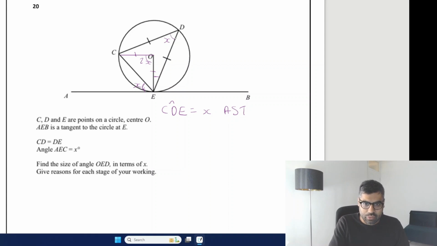Okay, now we know this is an isosceles triangle here, so let's use that information to work out angle CED, because I think that's going to be very useful to us. So CED, well, it's going to be 180 minus x, which gives us the combination of this angle here and this angle here.